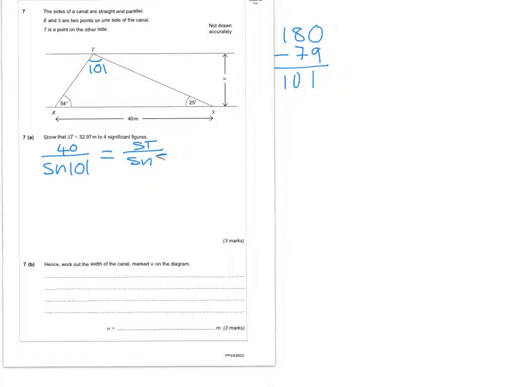Okay, so I know this angle at the top here is 180 minus 79, which is 101 degrees. And now I can use the sine rule, so 40 over sin 101 equals ST over sin 54.